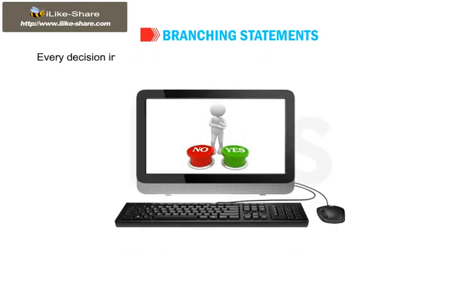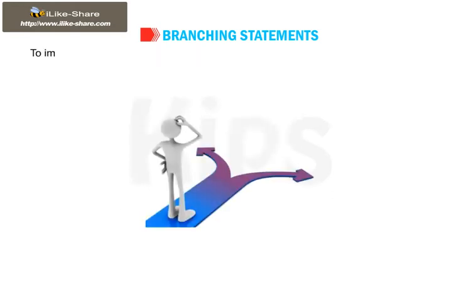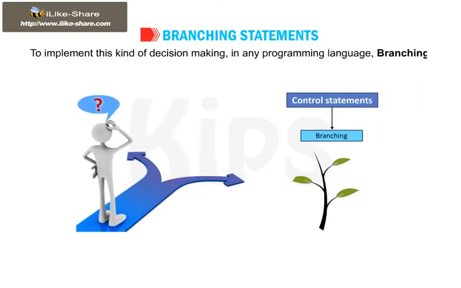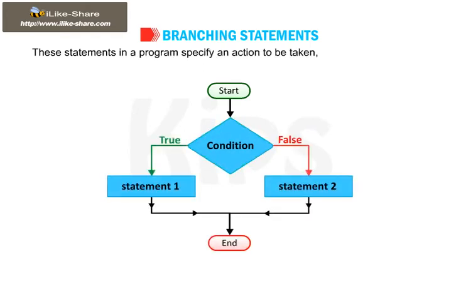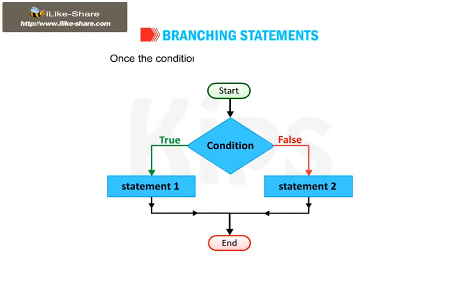Every decision involves a choice between two alternatives, yes and no result. To implement this kind of decision making in any programming language, branching statements are used. These statements in a program specify an action to be taken only when a condition is met. Once the condition is satisfied, the execution stops.